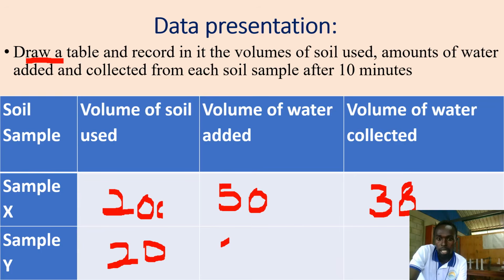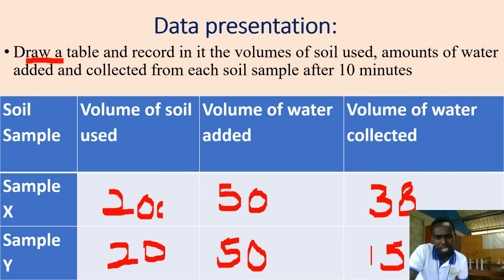Then here we added 50, and here we are approximately going to get about 15, and you know which kind of soil will hold the water for 4 minutes to that level. Then what is therefore the volume of water that was retained in the soil? Simple mathematics, subtract the volume of water added minus the volume of water collected.